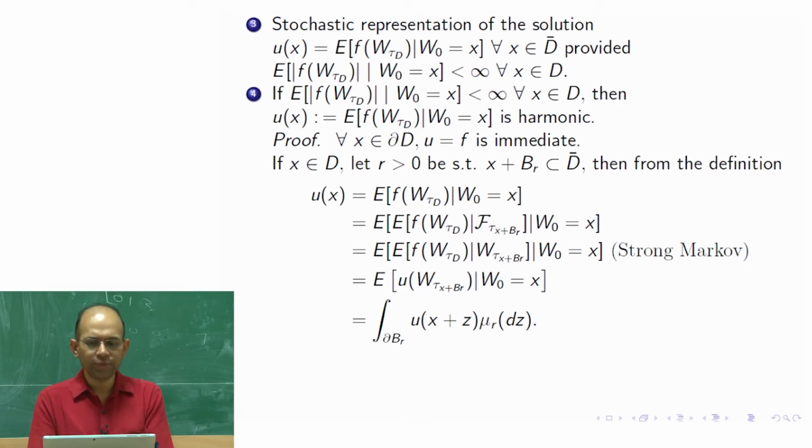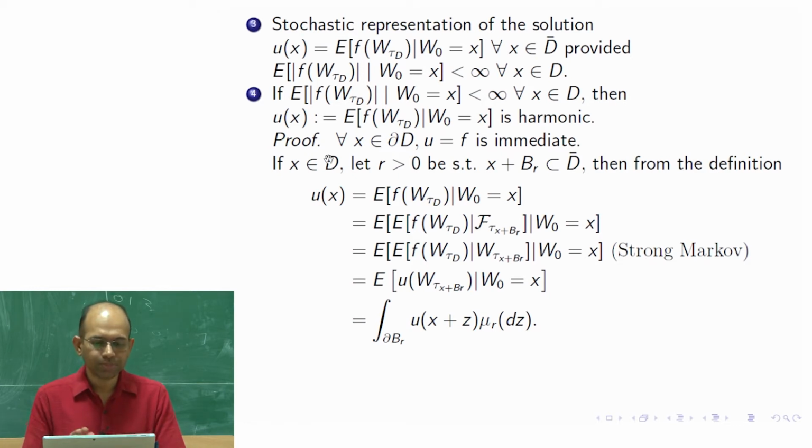Actually, we have not shown that in the earlier slides. We have shown that harmonicity implies the mean value property, but that the mean value property implies harmonicity we have not proved. We have just quoted the result and gave the page reference number because that is a little longer proof, so we have not demonstrated it here.